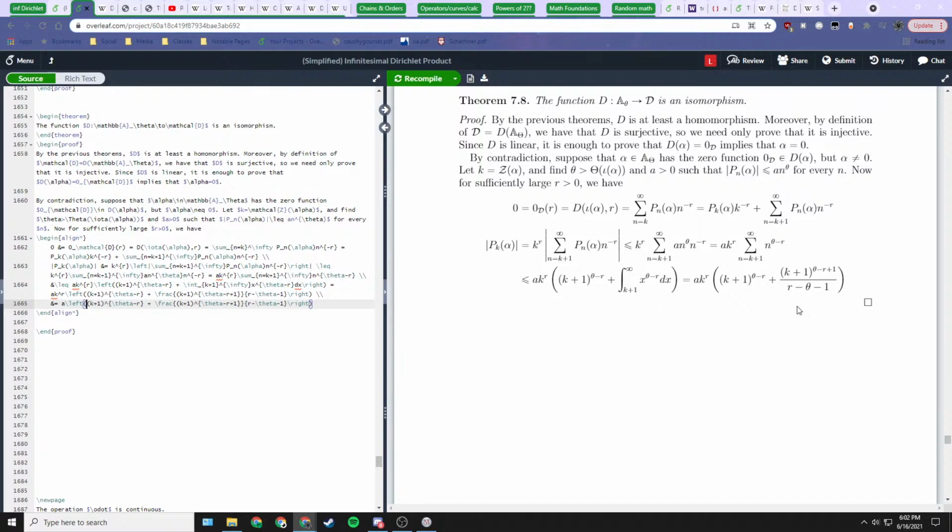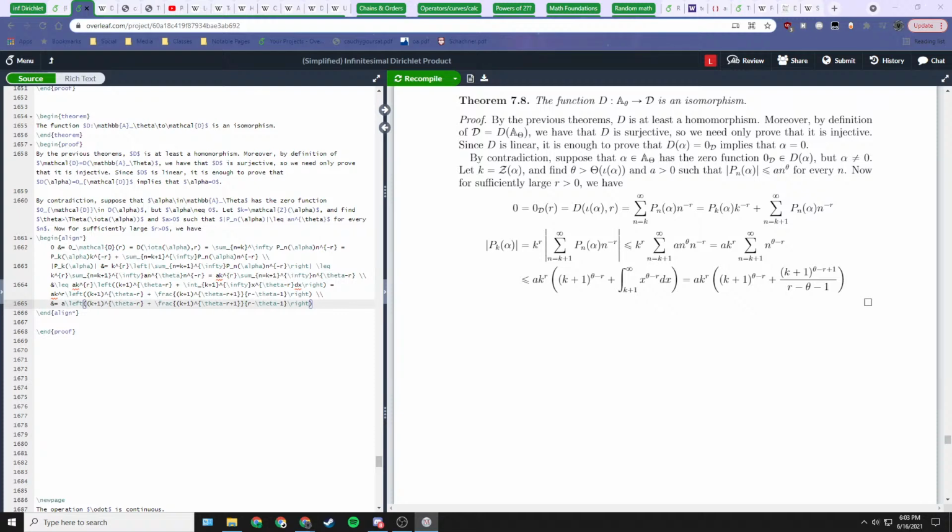The leading term is effectively (k+1)^θ minus r plus 1, divided by r. This one and this one will cancel out to a constant. I hope I did this right. Let me check this real quick.